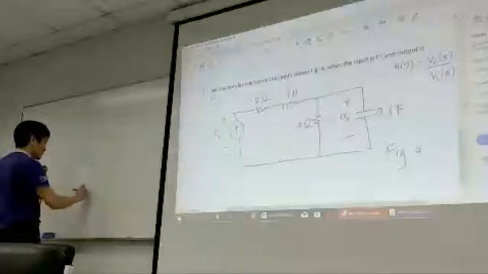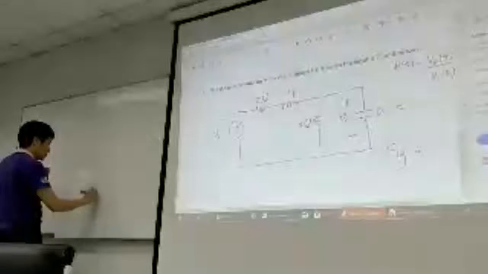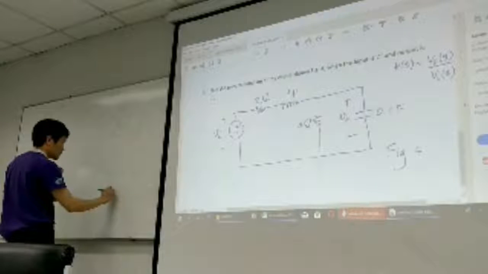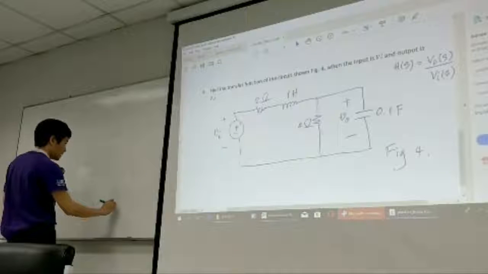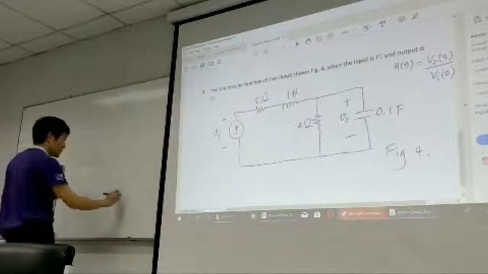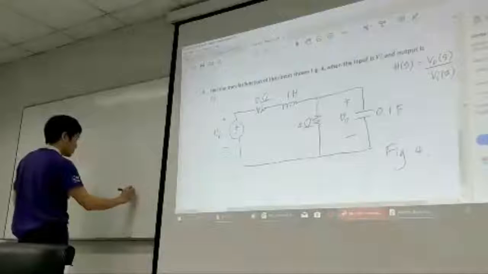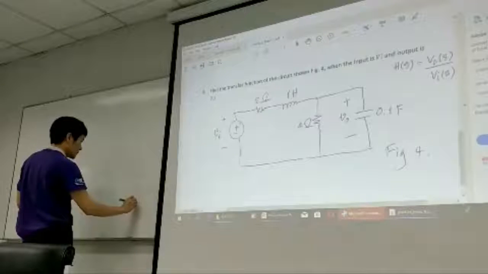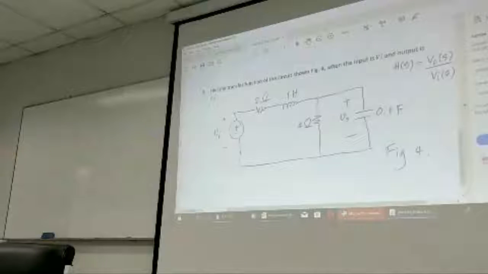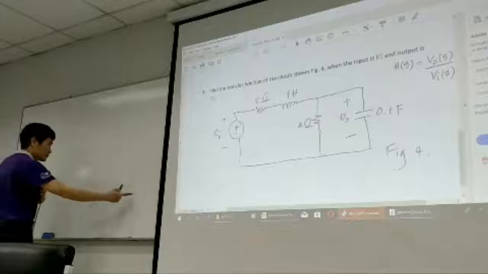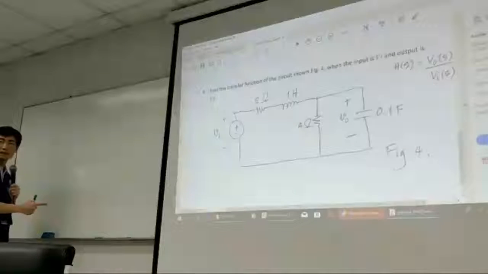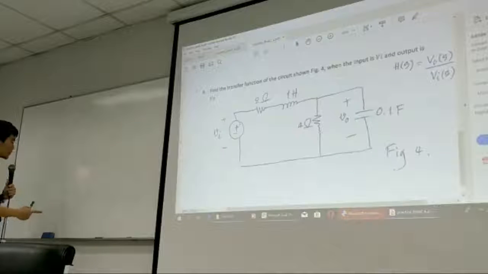So we have V0(s) divided by 4 plus 10 over S, and remove that. I want to group the V0(s). Okay, so we can take the V0(s) out. Is that okay? Take it out.